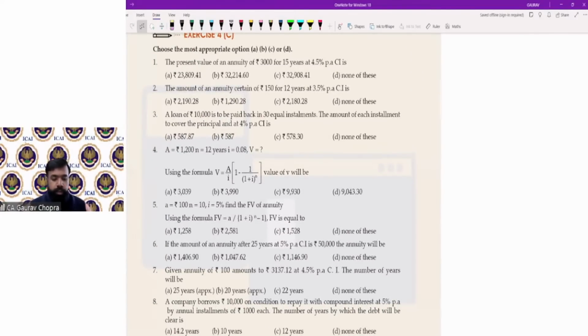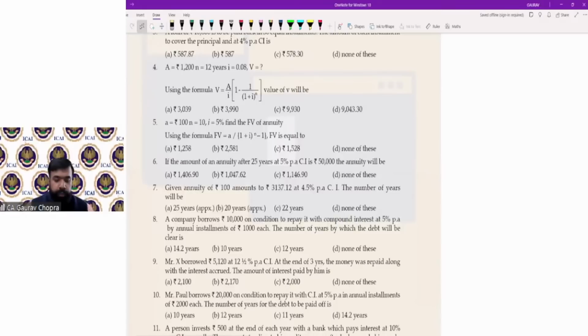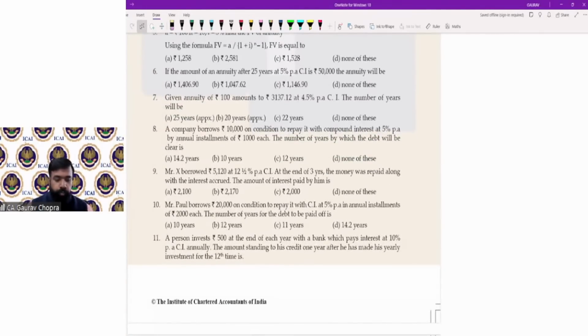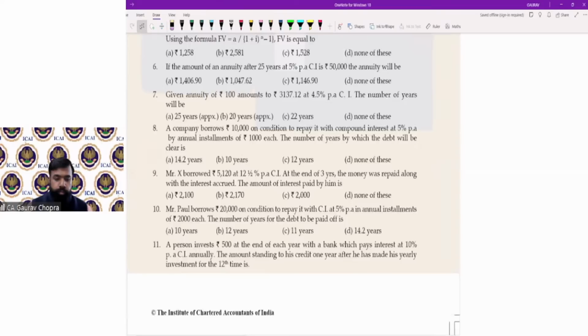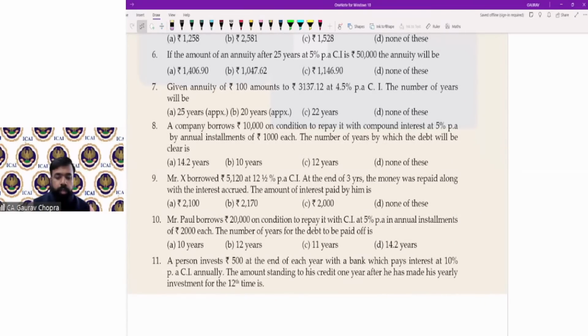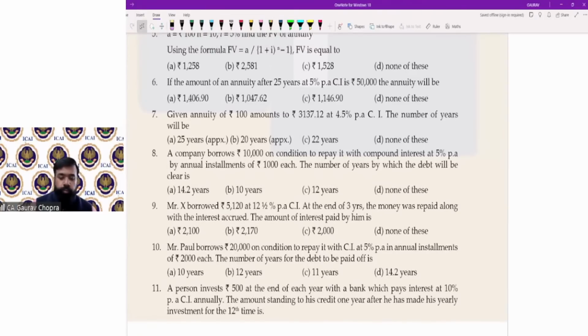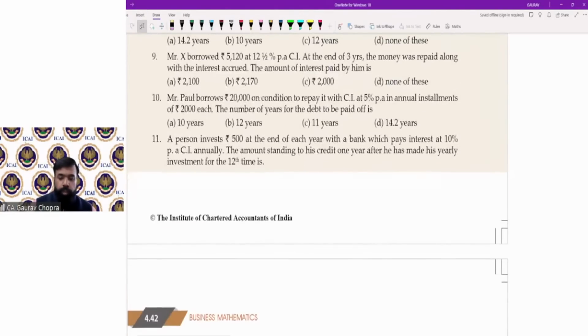Now let's do some selective questions from the exercise. So all these are compound interest.